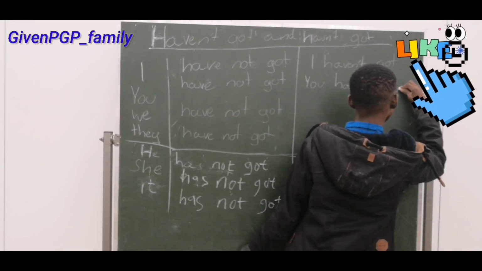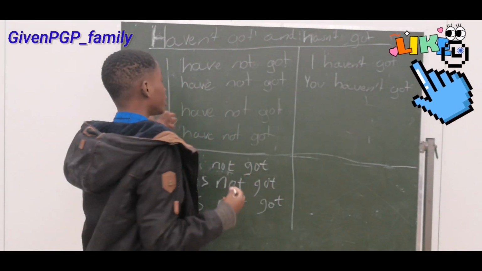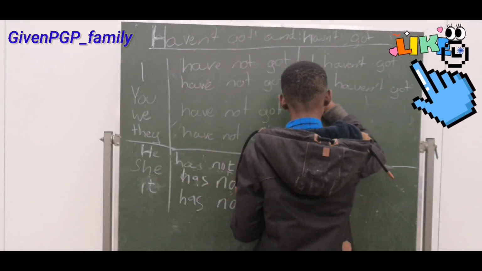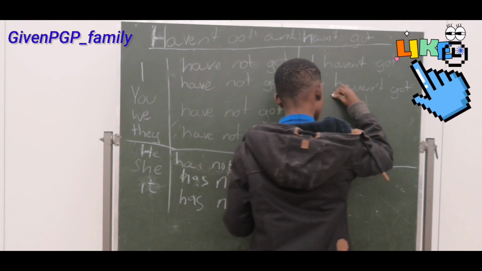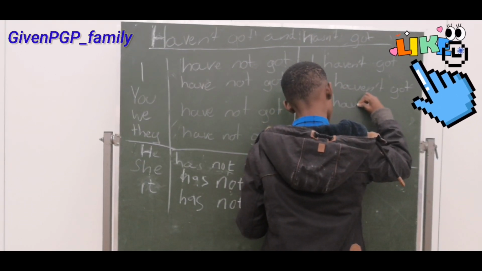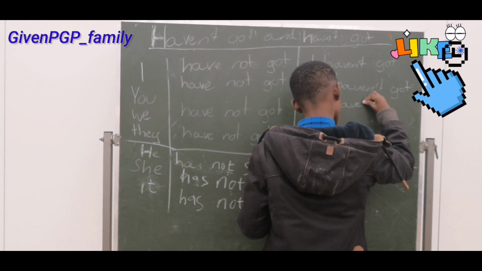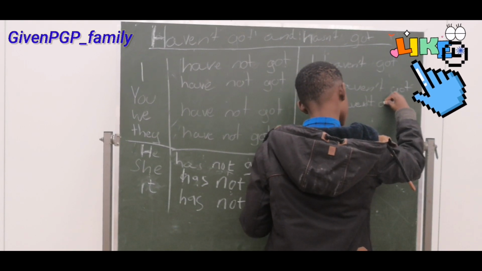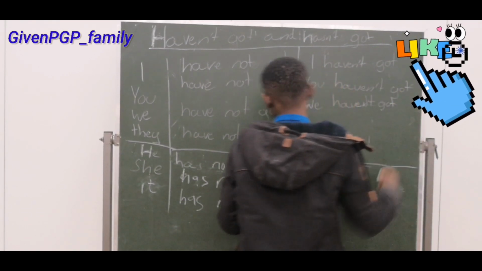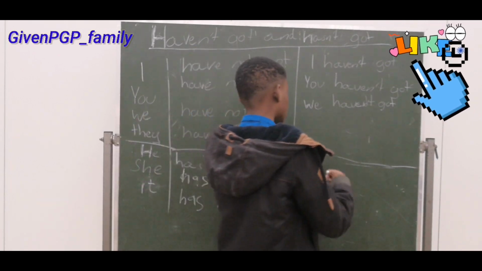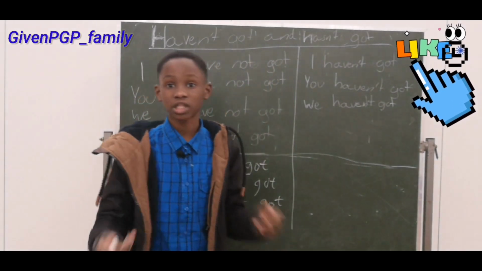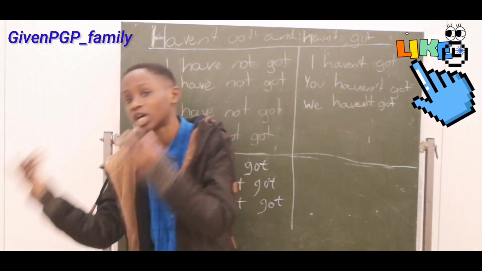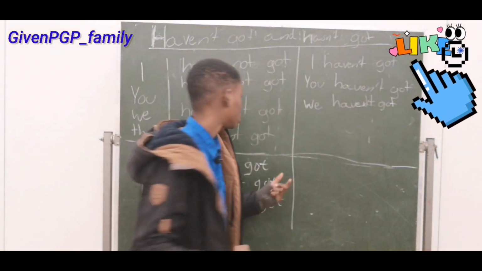We have not got is we haven't got. They have not got is they haven't got, guys. They haven't got a car, they haven't got a house, they haven't got a boy.